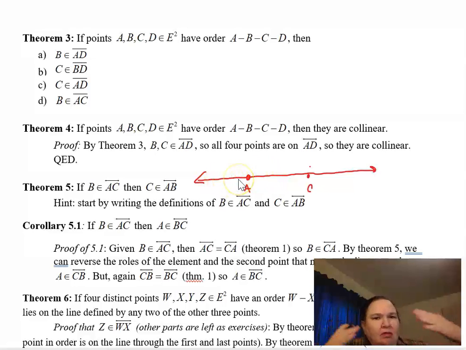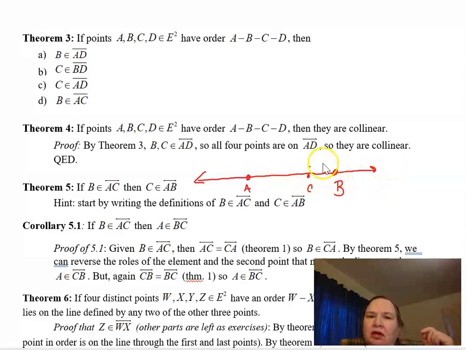But without writing down every detail, the idea is that B is on this line somewhere. So it's either on this segment, or on the A side of the segment, or on the C side of the segment.